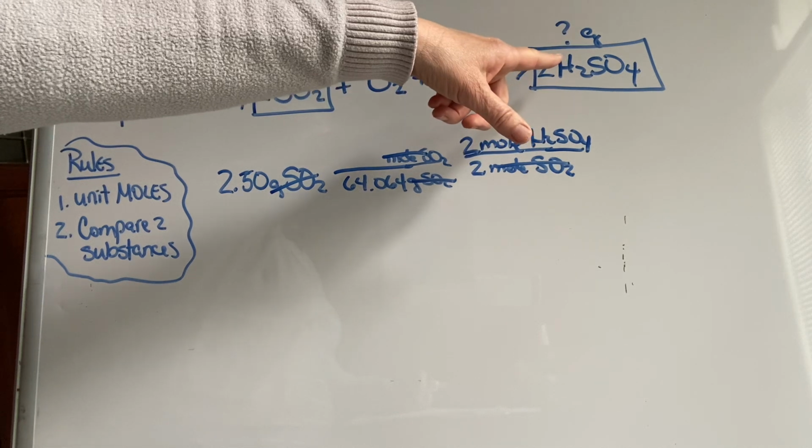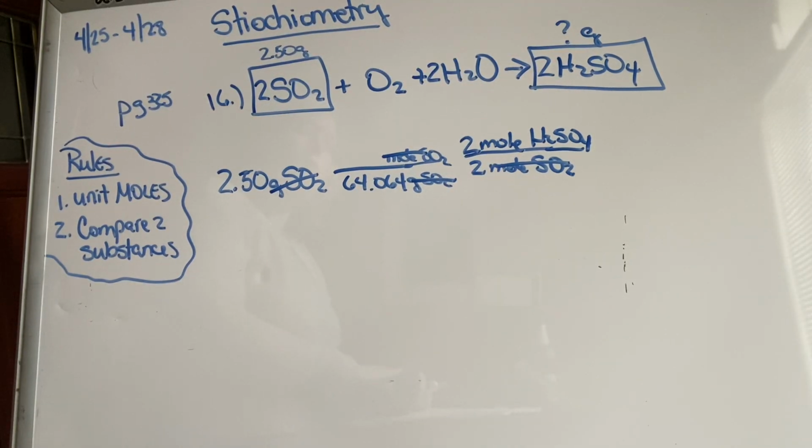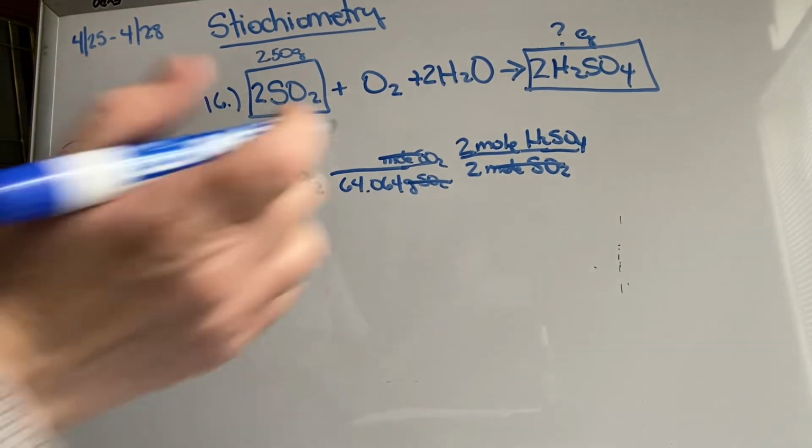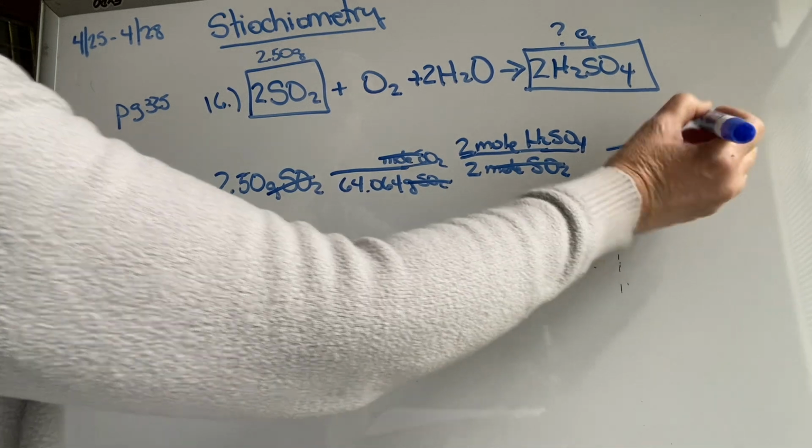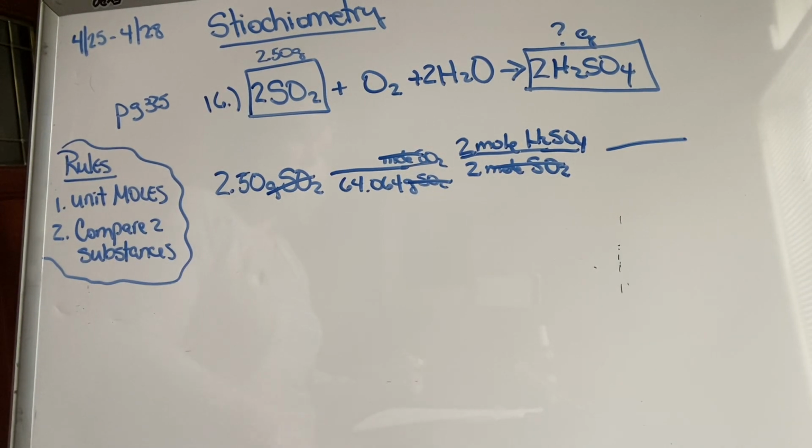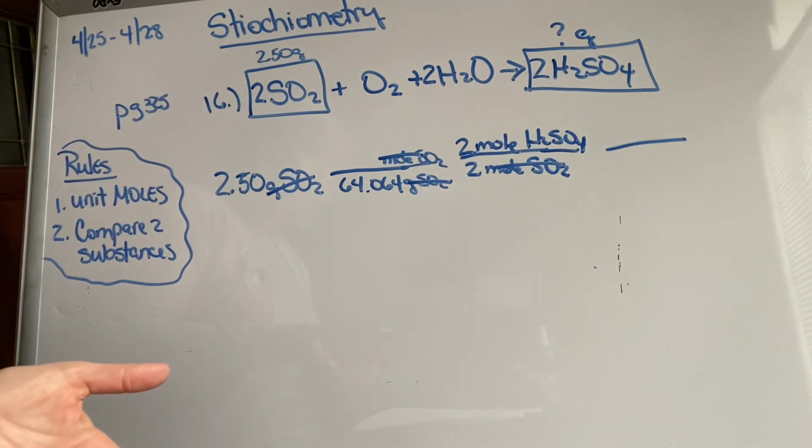But my question wants grams. It doesn't want moles. So, do you know how to convert from moles to grams? Yes, you do. In order to convert from moles to grams, you need to know the molar mass of the sulfuric acid. So you take a minute to calculate that. Please stop the video and calculate that.